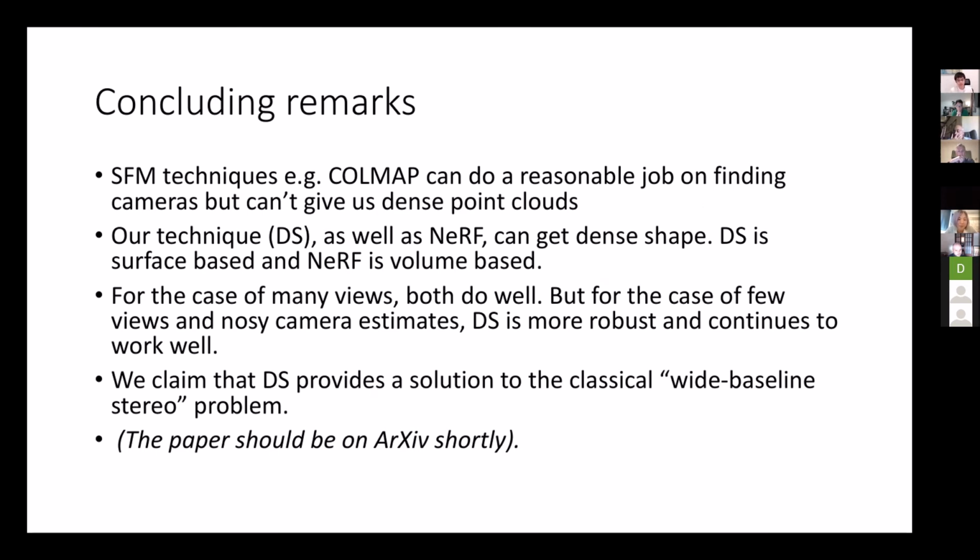And for many views they'll both do well, but for few views and noisy camera estimates, DS is more robust. And I believe that this is a solution to the classic wide baseline stereo problem. And the paper will be on arXiv, and I'll end here, and I'm happy to take questions so long as we have time.